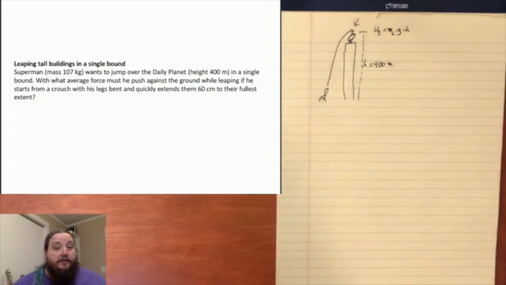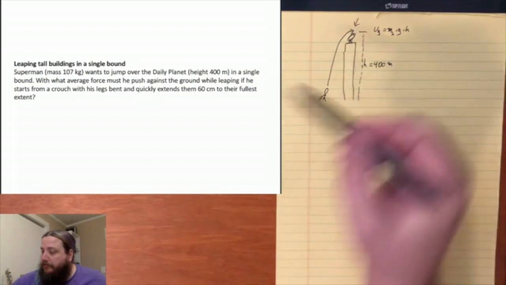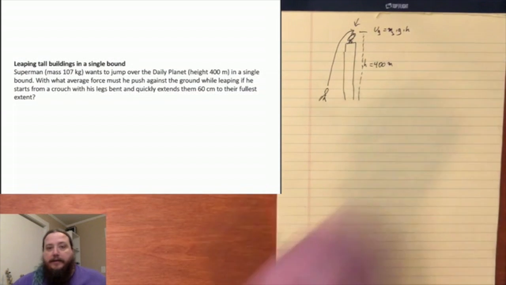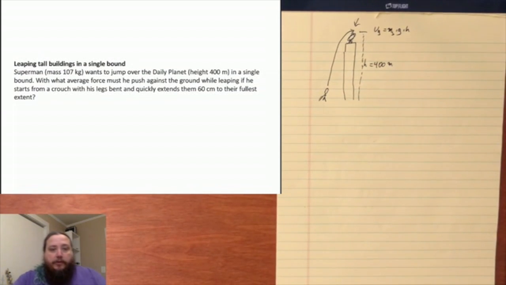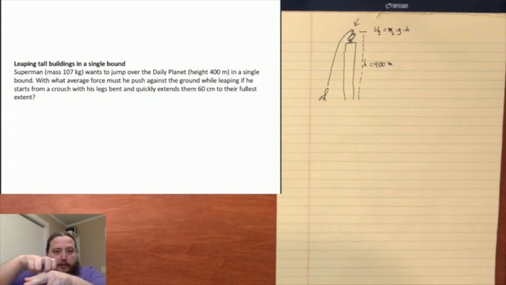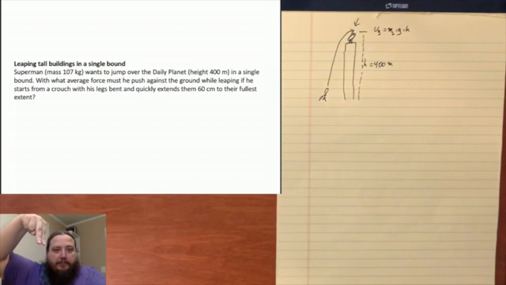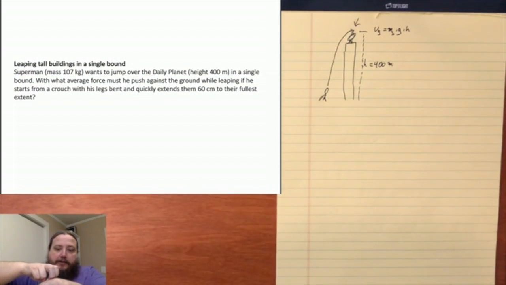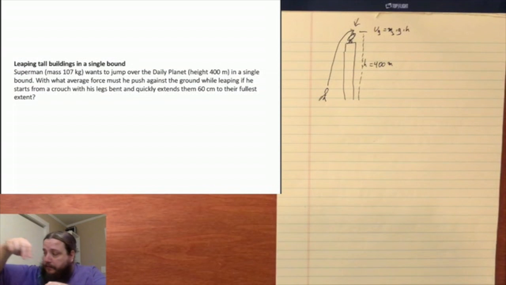And the question is, where did that energy come from? So let's think about what's happening down here at the bottom. So Superman crouches and then he leaps into the air. And in doing so, he extends his legs through some distance while pushing.